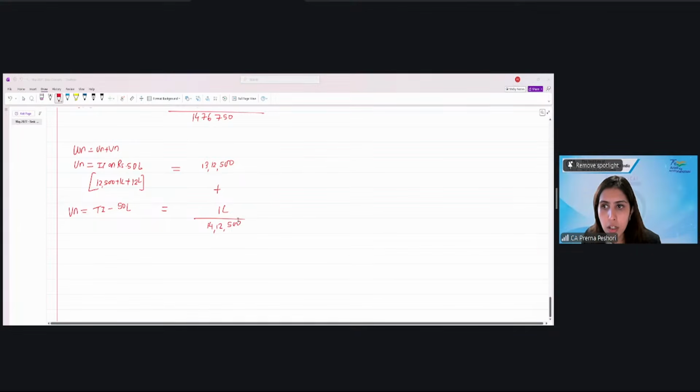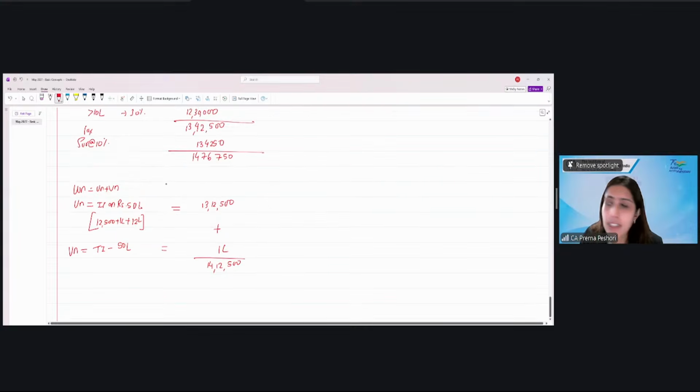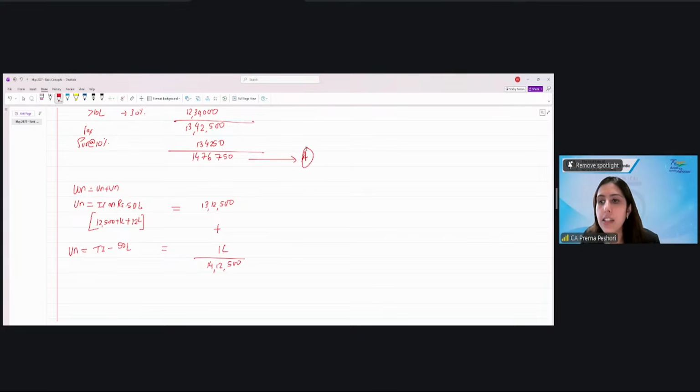Right? So what is the relief that I will get over here? The actual tax that I am paying, because my income is marginally increasing by 1 lakh, is 14 lakh 76,750.